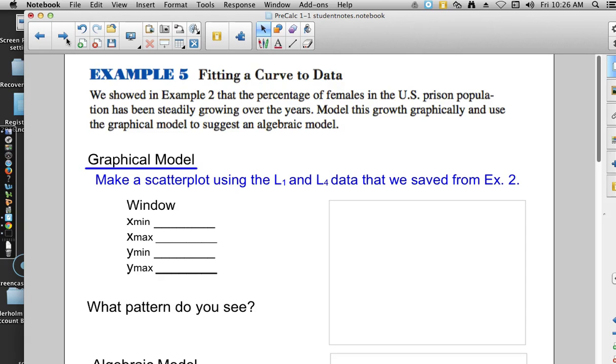I still have my 0.75x squared in there, so I'll take that out of y equals. So there's the data. We still had our x squared in there. Go to y equals and clear that one out because that was part of that last Galileo's experiment that we did too. It should just be dots right now of the female prison population data.